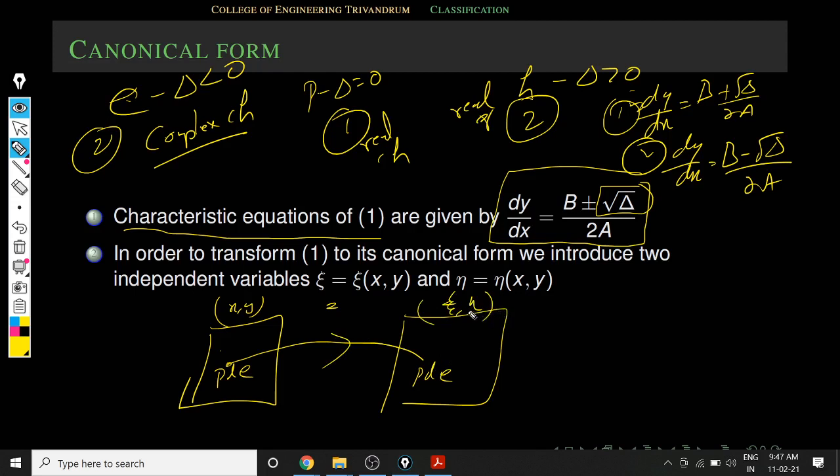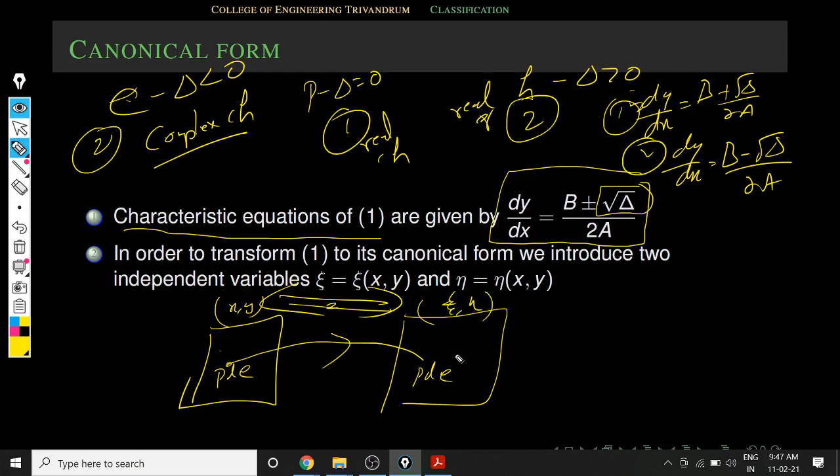So what is the relation between psi, eta and x, y? Naturally there is a relation, because our PDE depends on x and y and we have to find the new PDE with respect to the other two variables.